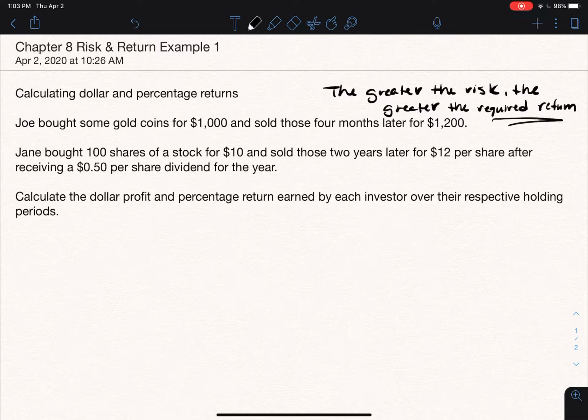What gets difficult, however, in finance is comparing the risk and return that two different people take. And why is that? Well, it's because we're all on different timelines. We all are making different levels of investment, some of them small, some of them large.